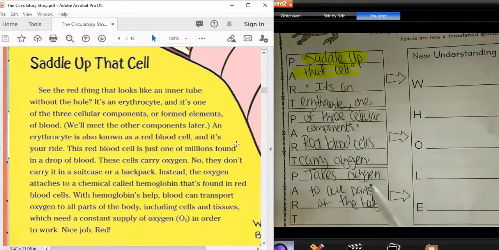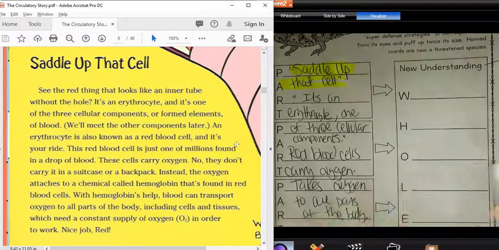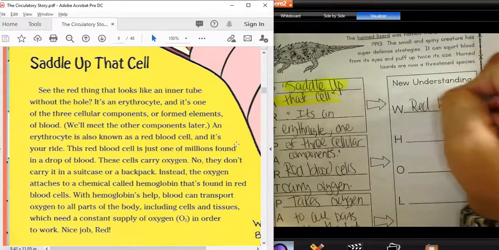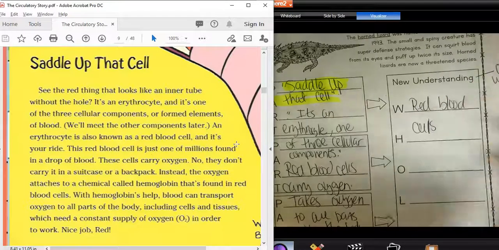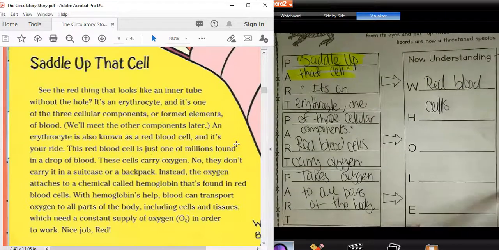Okay, so what can we put all of this information the author just gave me into my own words? Can we say that red blood cells don't matter to our body? No, right? We can't say that because the author didn't say that. Okay, I know that it's talking about red blood cells. Let's start our sentence with red blood cells. Okay, what other thing can we add about red blood cells?